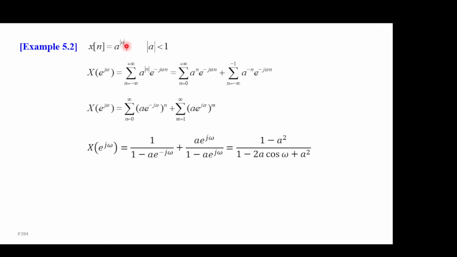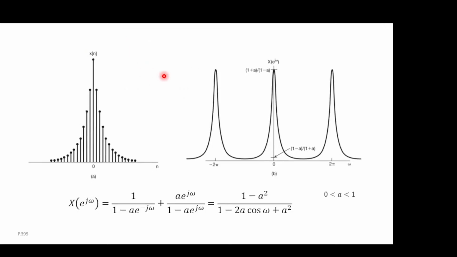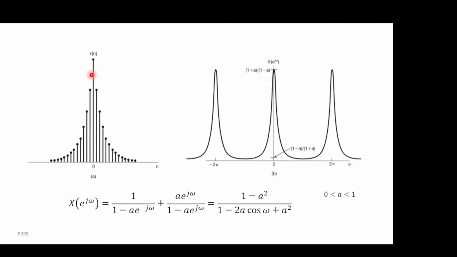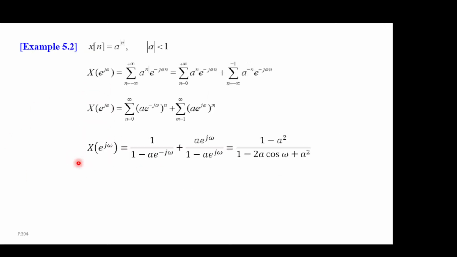So we have a to the absolute value of n, and it will look like this, say if a is positive. And here we just say the absolute value of a is less than 1, so this thing converges as n goes to infinity. So it's like this two-sided decay. We've seen a similar thing in continuous time, but this is discrete time, obviously.